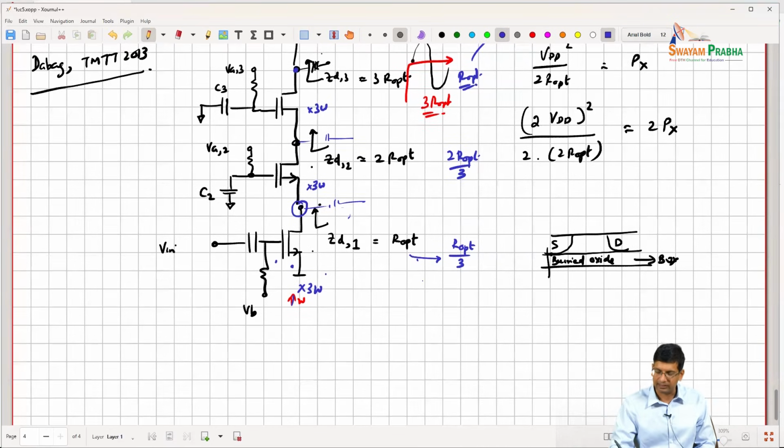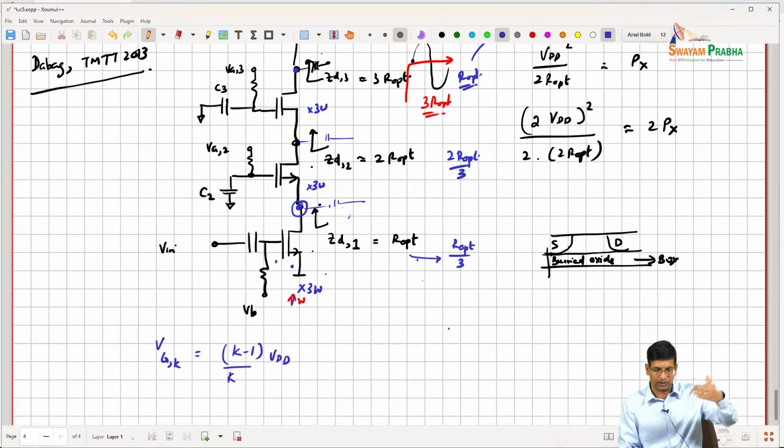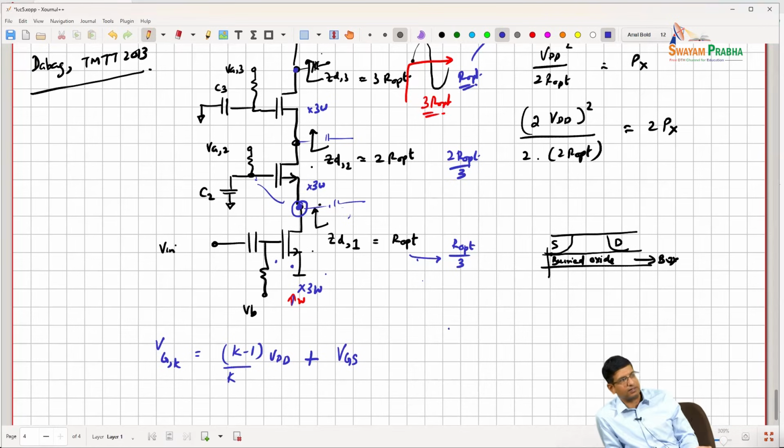So I can come up with a biasing rule that says that if I think of the kth device, right, the gate voltage of the kth device should be (K minus 1) over K times VDD, right? That gets you to the drain because that's what the drain voltage is scaled, plus the VGS that you need in order to operate. And what VGS you need to pick here matters in the actual practical design, right?